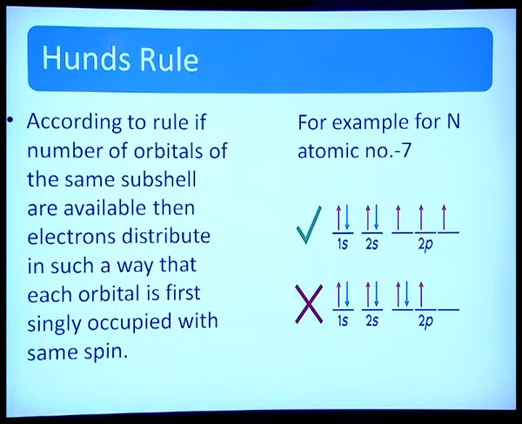This is given by Hund's rule, which says that if a number of orbitals of the same subshell are available, then electrons distribute in such a way that each orbital is first singly occupied with the same spin.